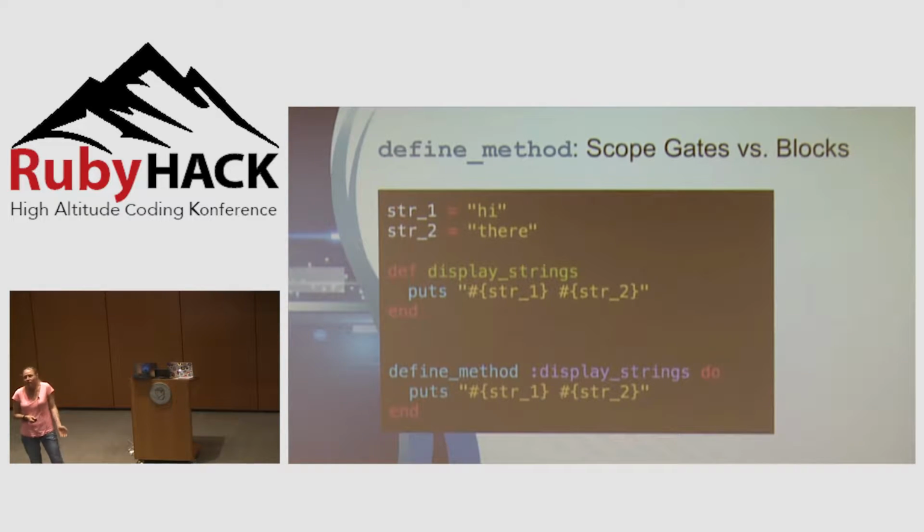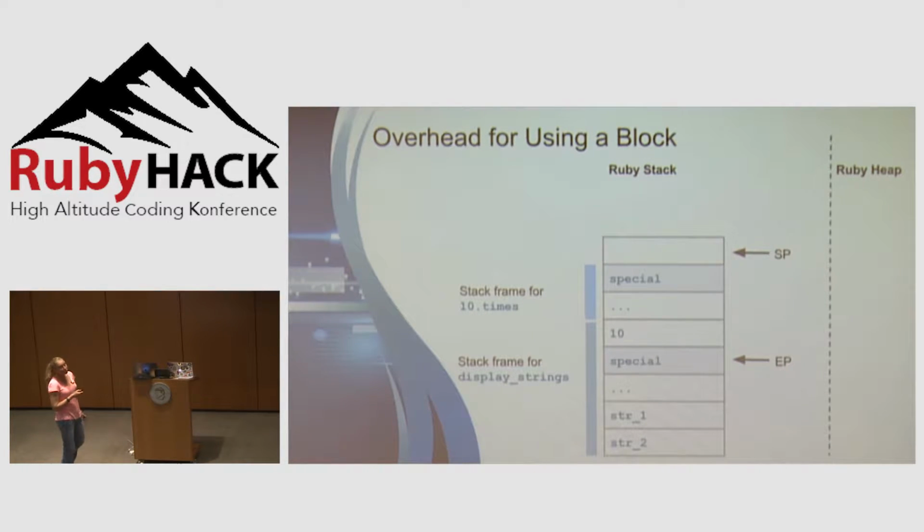Now, you may ask, given its relative elegance, why not just always use define method and forget about the def keyword completely? Well, it turns out that creating a block and running it does not come without its overhead. So you may recall this slide that I had where I showed what happened when you called a method with a block.